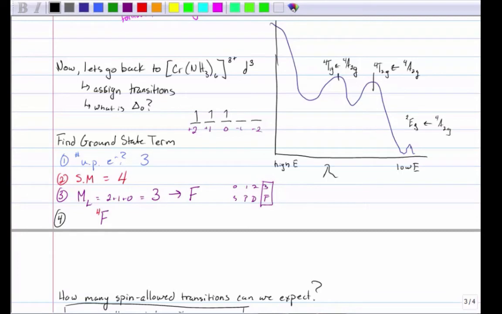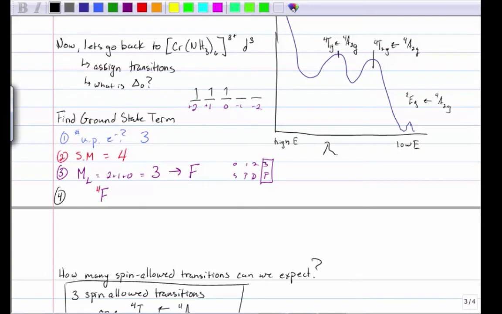It is the quartet A2G to the doublet EG that is the assignment the textbook makes for this, based on experiment. But you wouldn't really know for sure if it was the doublet E or the doublet T. But maybe that's why in the actual spectrum there are a couple of little peaks there all together, and those are similar energy. So this is the kind of stuff that you can use the Tanabe-Sugano diagrams for.